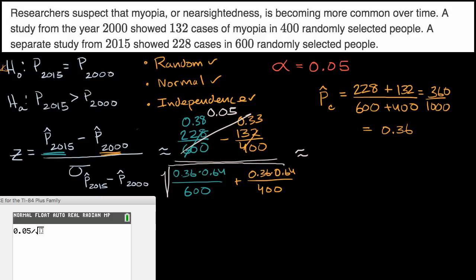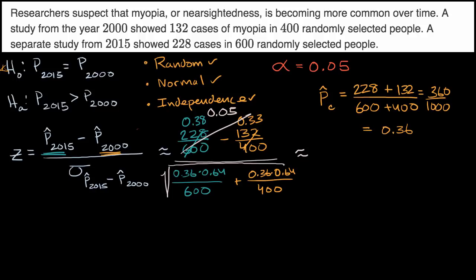And so now I could put this into my calculator. I will have 0.05 divided by the square root of 0.36 times 0.64 divided by 600 plus 0.36 times 0.64 divided by 400, which is going to get me approximately 1.61.